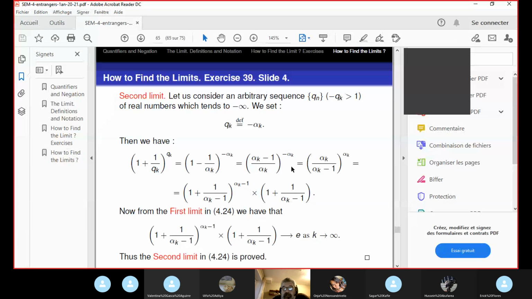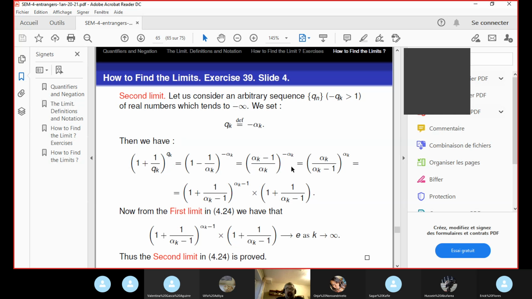Agree? If you have a confusion with n and k, it's the same thing. So we set q sub k is minus alpha sub k. If you want, n is 1, 2, 3, 4, 5, and so on, k, k plus 1, and so on. Same thing.